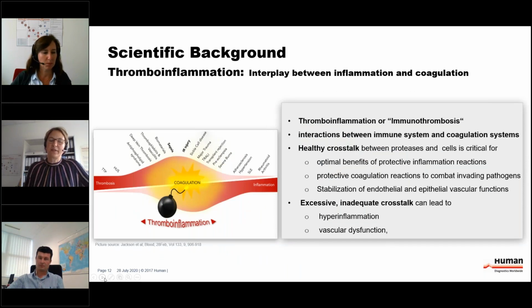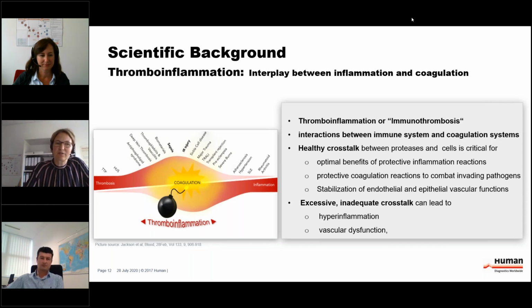Now we'll go on with the scientific background about thromboinflammation and what is reported about its connection to COVID-19. The terms thromboinflammation or immunothrombosis are useful to denote extensive interactions between the body's innate and acquired immune systems, with their many immune cell types, and the coagulation system with the plasma coagulation proteases.